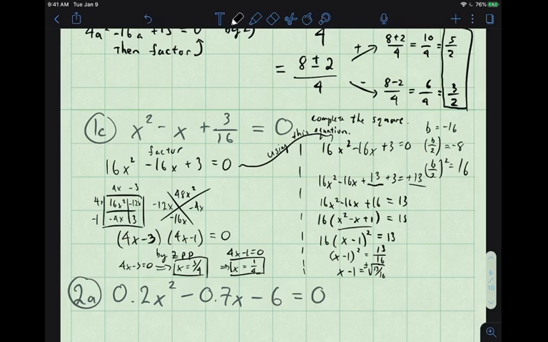Not seeing how this turns out to be the same. Did I make a mistake somewhere? Oh well. Plus minus square root 13 over 16 plus 1, negative square root 13 over 16 plus 1. I think I made a mistake because I'm not seeing the 1/4.